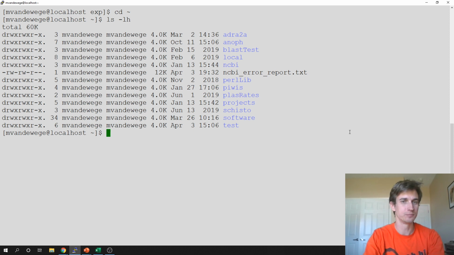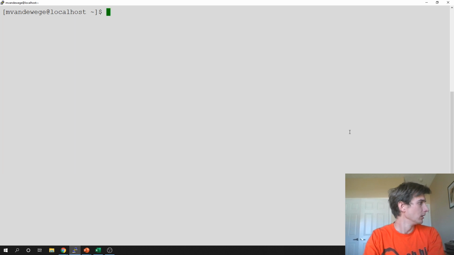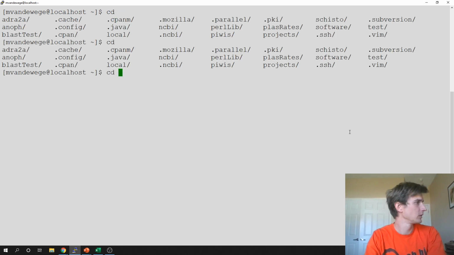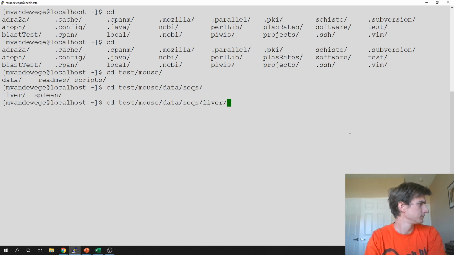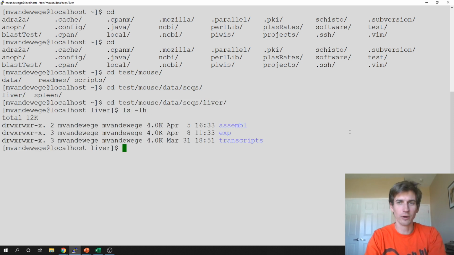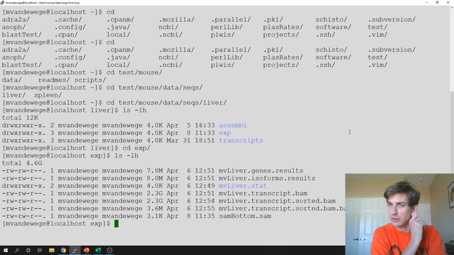So if I'm going to look at that output file, all right, so everything that I made from RSEM is in this expression directory.